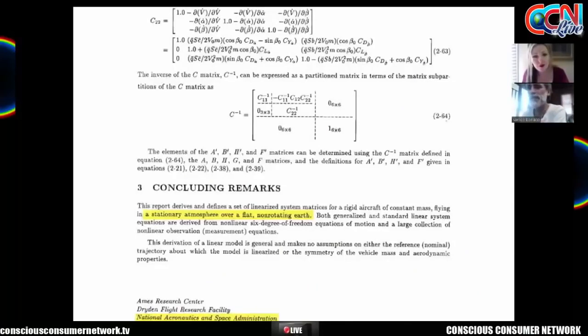Here we have the National Aeronautics and Space Administration, the Army's Research Centre, and Dryden Flight Research Facility. And in point 3 of the concluding remarks of this report, they say this report derives and defines a set of linearized system matrices for a rigid aircraft of constant mass flying in a stationary atmosphere over a flat, non-rotating Earth.